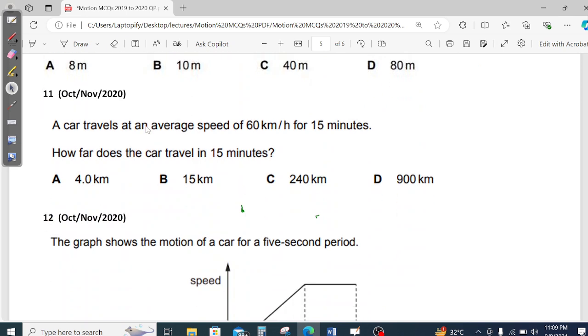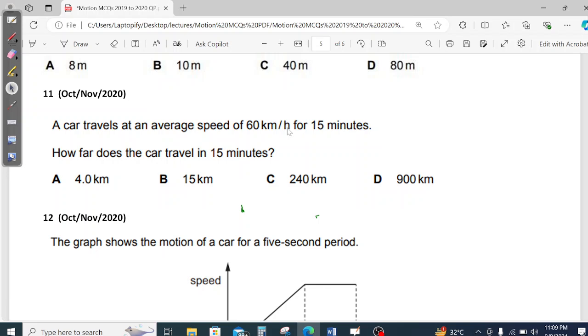11. A car travels at an average speed of 60 km per hour for 15 minutes. How far, meaning you have to find the distance. How far does the car travel in 15 minutes? Remember, it has mentioned here hours and this is in minutes, so you have to convert. There are two ways to solve this one.